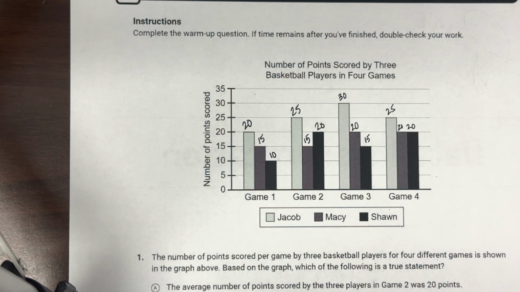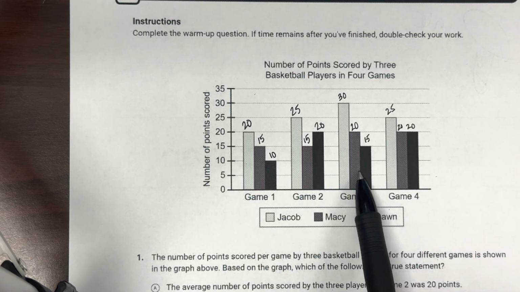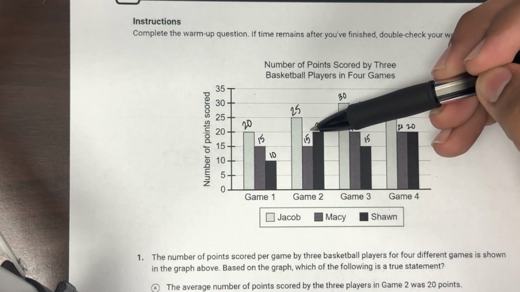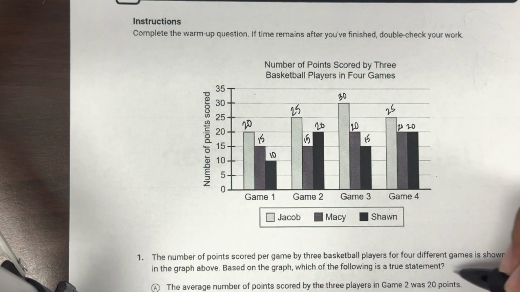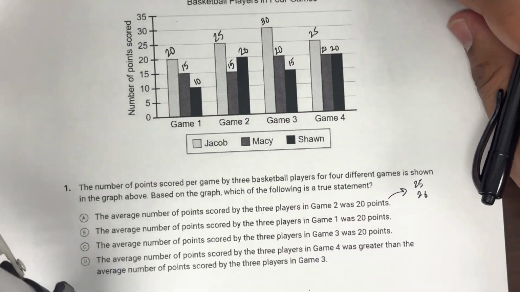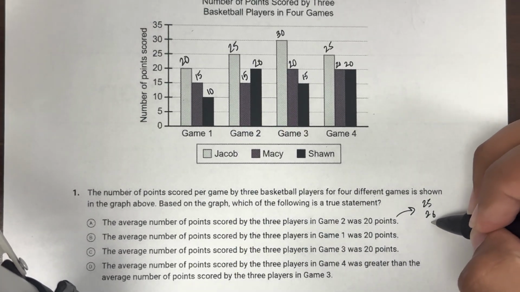But answer A is saying the average number of points scored by the 3 players. So with the 3 players coming down straight, that means I'm only focusing on average here, average here, average here. Was 20 points, game 2. So if I get these 3 real fast, game 2 is 25, 20, and 15.